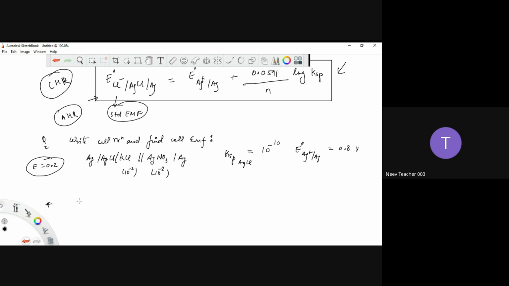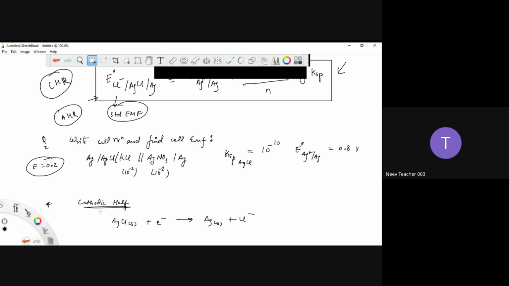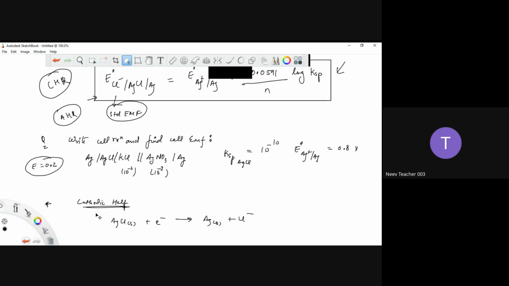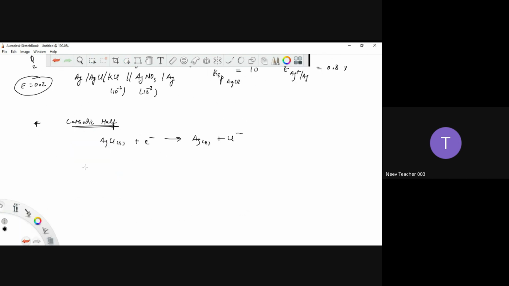For example, if you have the cathodic half reaction, AgCl solid plus electron gives Ag solid and Cl minus. Now if you find the non-standard of this cathodic half, which will be E of Cl minus AgCl Ag, correct?